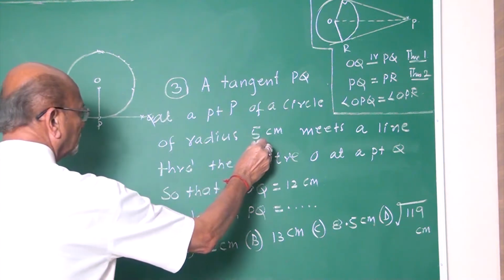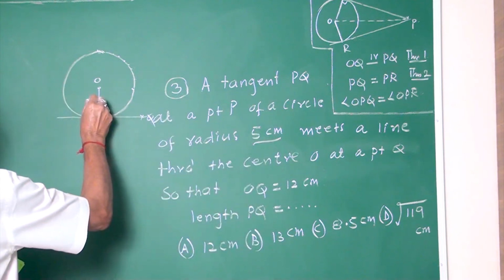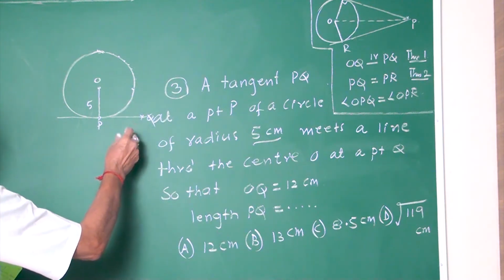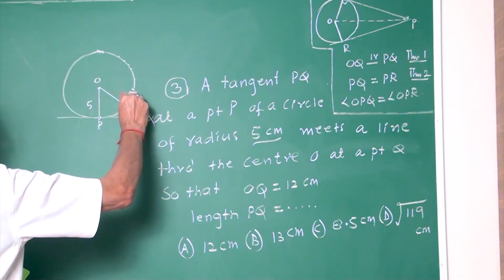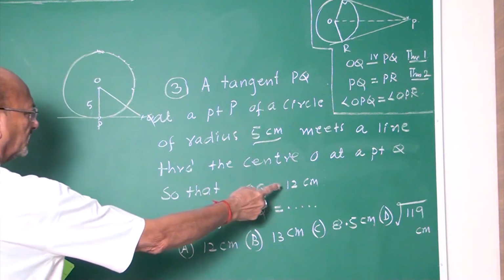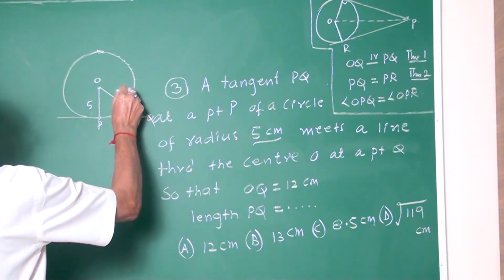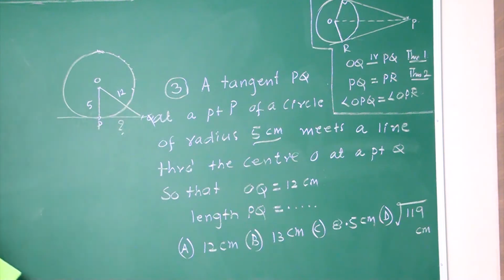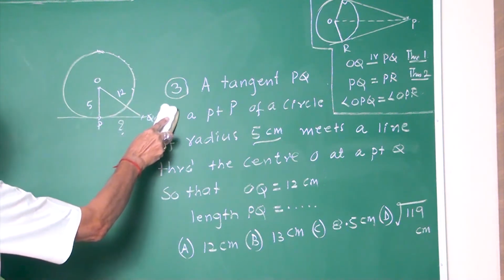What is radius? 5 centimeter. It meets a line through the center O at the point Q, from here to here. OQ is given as 12 centimeter. You want to find what is PQ.